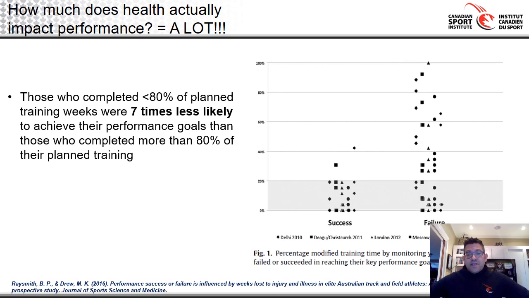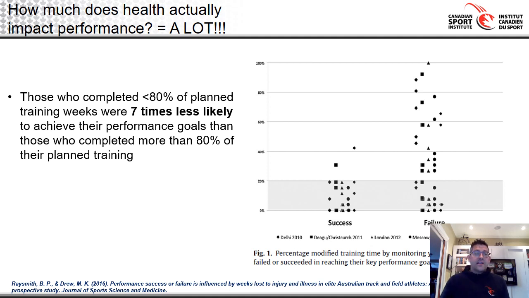So this is a great study done over 5 years in elite Australian track and field athletes. Basically, they tracked injury in association with their goals, and you can see their goals are world championships and Olympics.